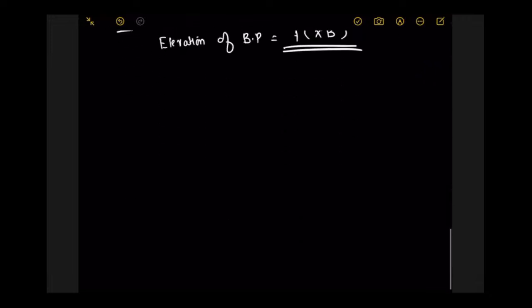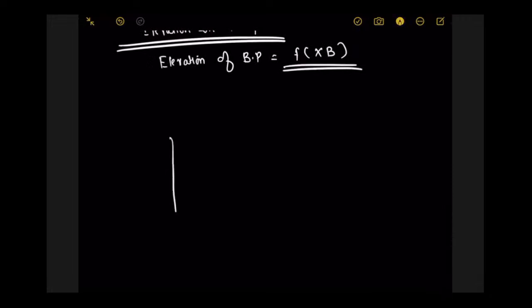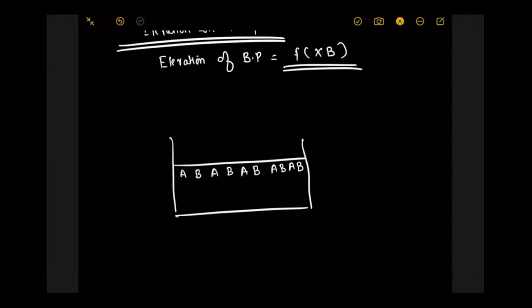For condensation, how is it 100% available? See, you have elements present like this. A is volatile, B is non-volatile, and A and B are miscible.